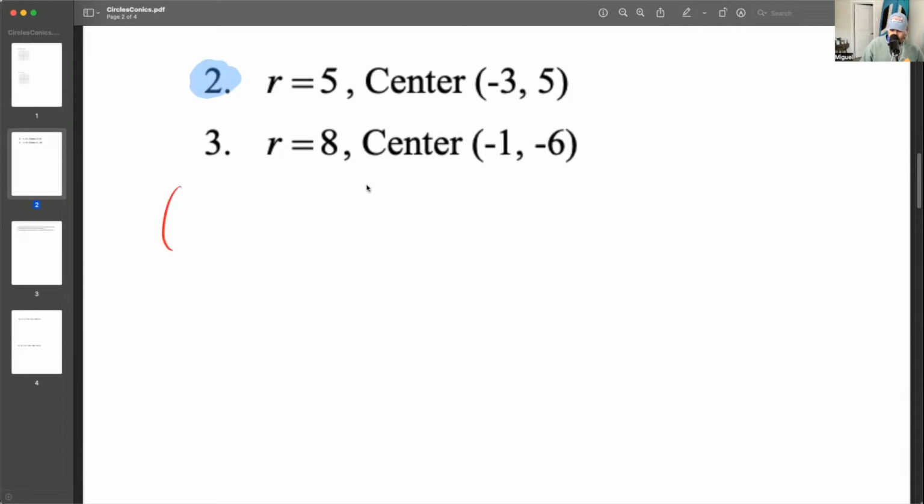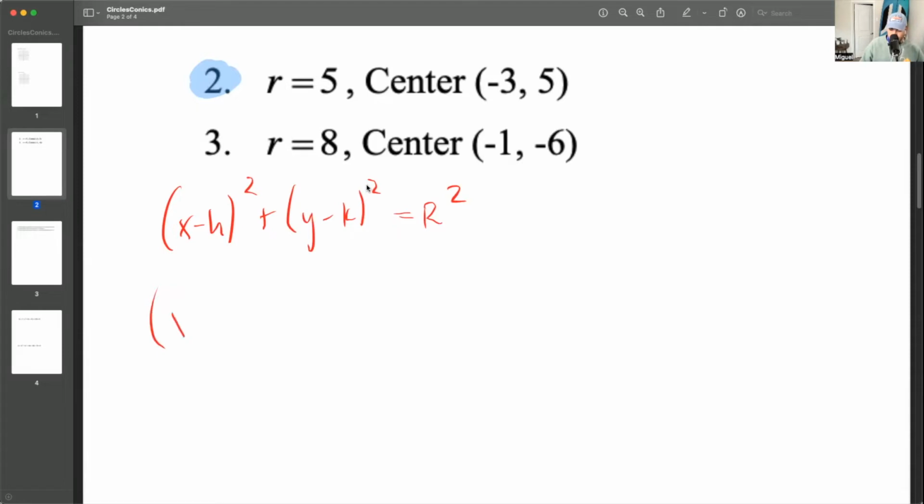Now, if you recall, the equation is x minus h squared plus y minus k squared equals r squared. Luckily for us, we already have the center as -3, 5, and our radius as 5. So I'm just going to plug those in, and you're going to see that we will find the equation of the circle.